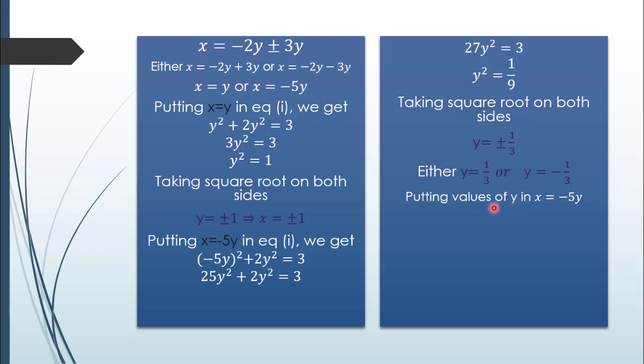Putting these values of y in x is equal to minus 5y, we get, for y is equal to 1 over 3, x is equal to minus 5 over 3. Or for y is equal to minus 1 over 3, we get x equal to 5 over 3.